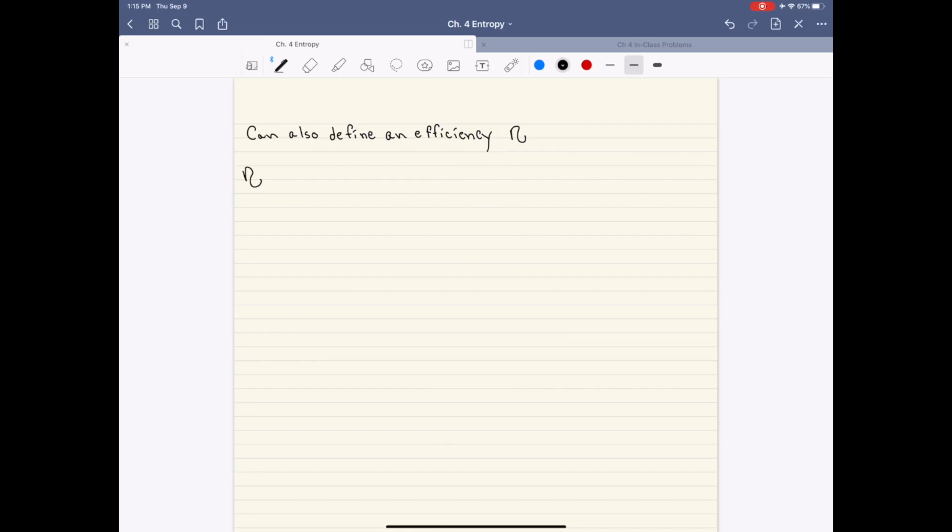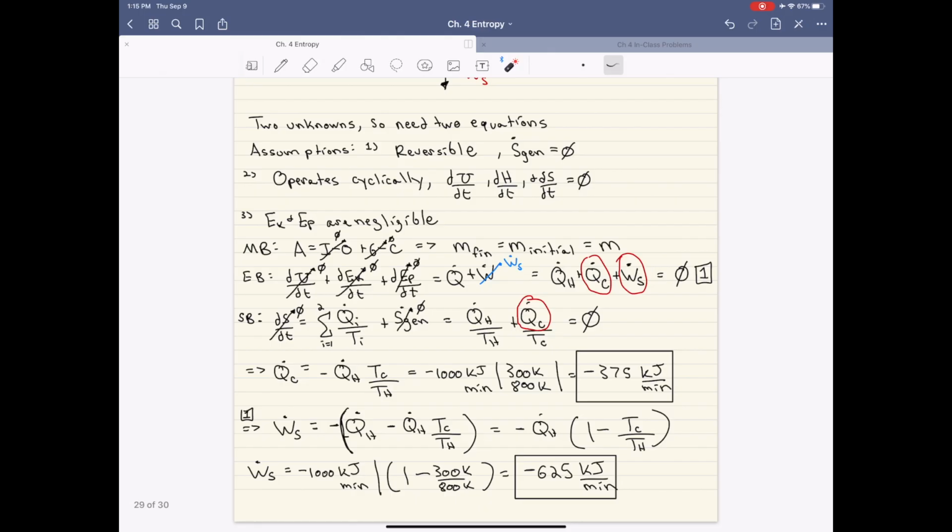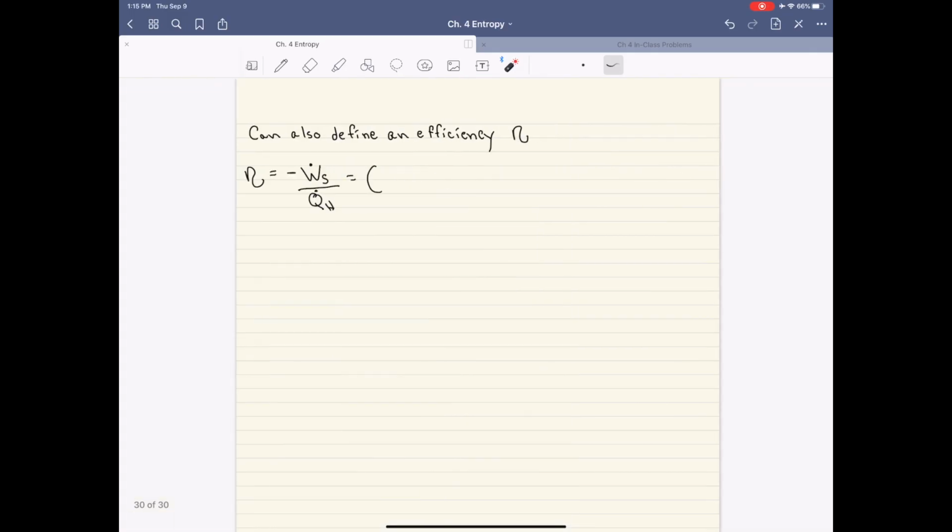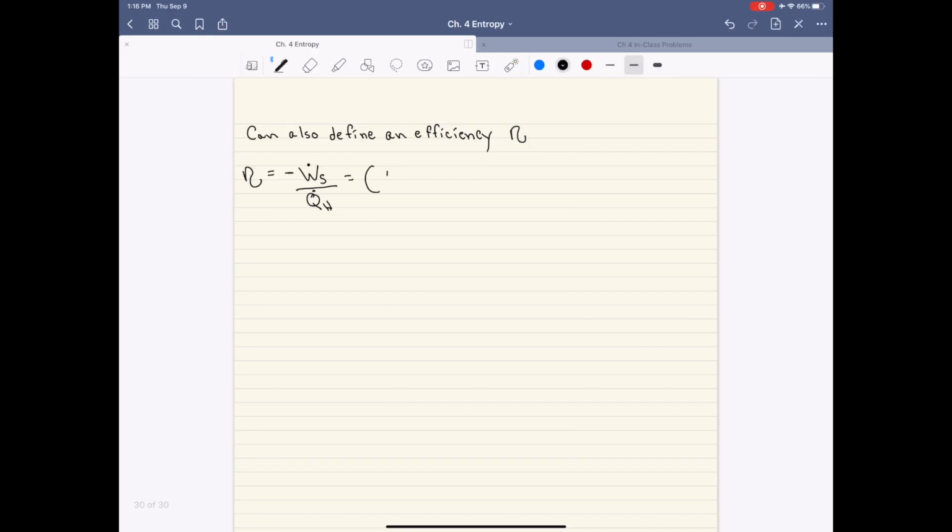And so eta, that's typically what we use to describe efficiency. We could define it as the negative of the shaft work divided by QH. Okay? And so from our energy balance, take a look back here. Shaft work was here, and we had negative QH here. So all we're doing is just moving this underneath here. And so what we get is that ratio is just equal to 1 minus TC over TH.